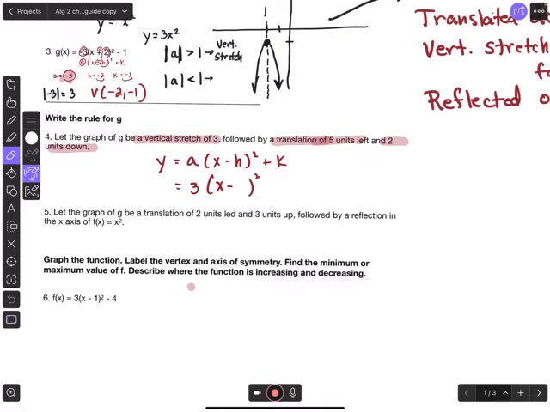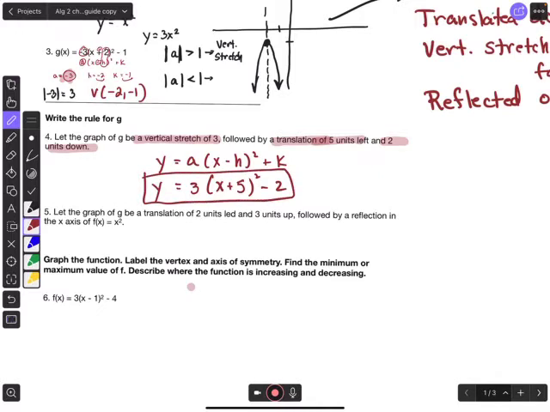We wanted 5 units left. If I were to put a 5 in there, that h would be 5. That would move it right by 5. But if I put a plus 5 in there, that will shift it left by 5. And 2 units down, so we just go minus 2. And there is our function. And we're done. It's moved left by 5, it's moved down by 2, and it's stretched by a factor of 3.